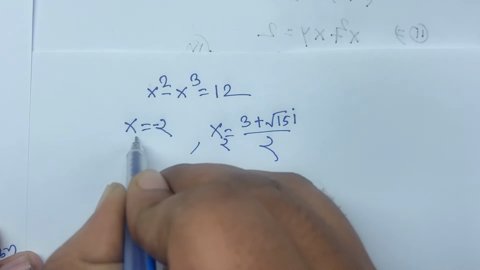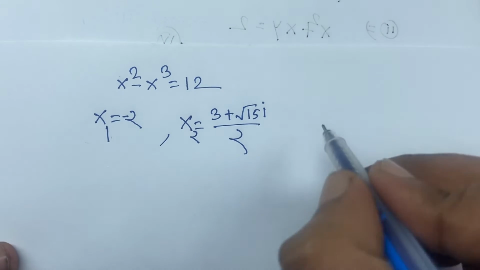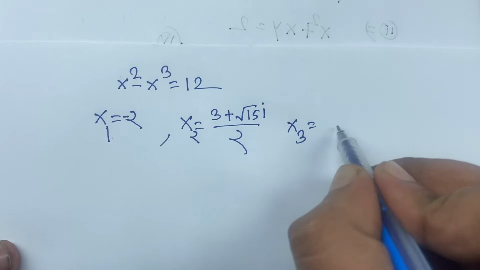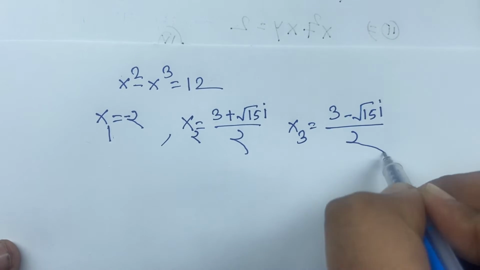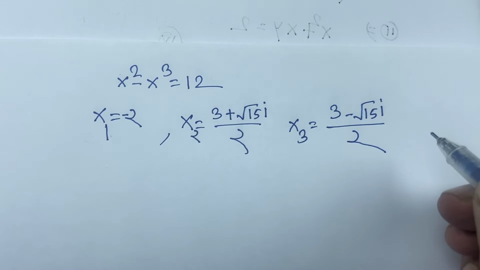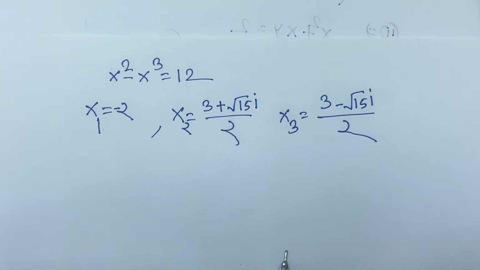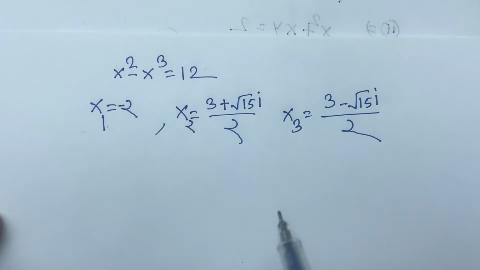This is x1, this is x2, and we found x3 will be 3 minus square root 15i over 2. Let's check. Our question is x square minus x cube is equal to 12.